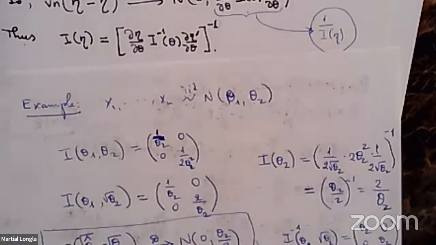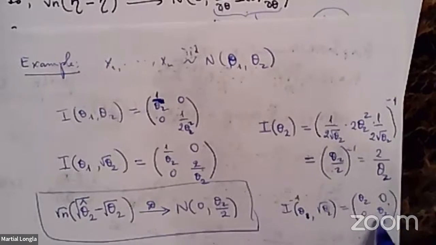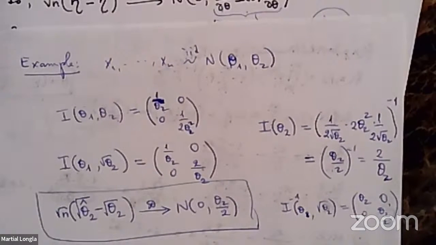Why is that? Because I inverse, it's very important. I inverse is theta 2, 0, 0, theta 2 over 2. And that is what goes here. Are we good?